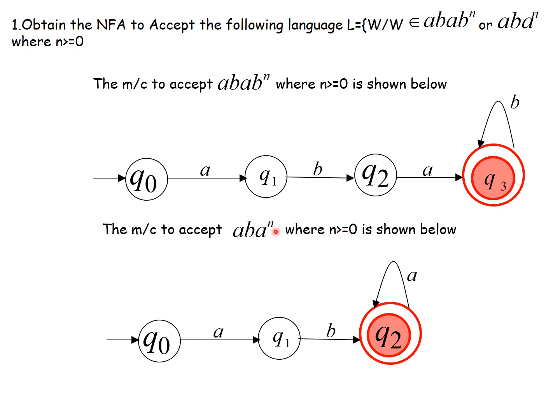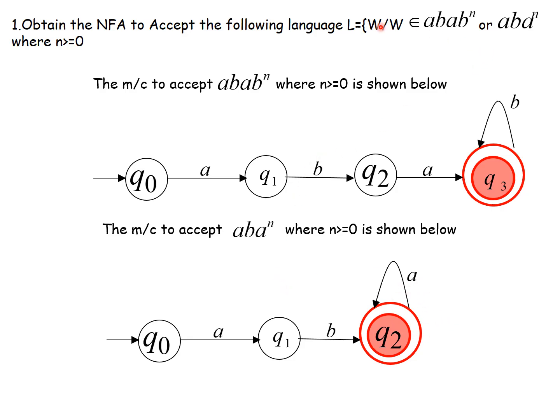A power n is 0, that means it becomes epsilon, only AB. Right? Suppose n is equal to 1, ABA will come. So the last A can appear 0 to n number of times. So this will be accepted.